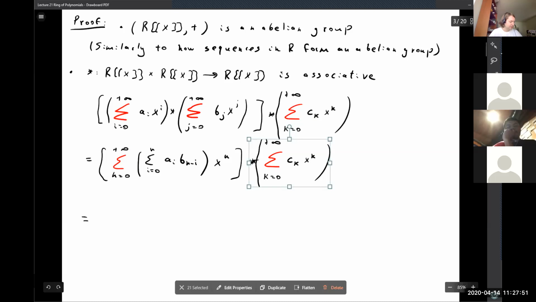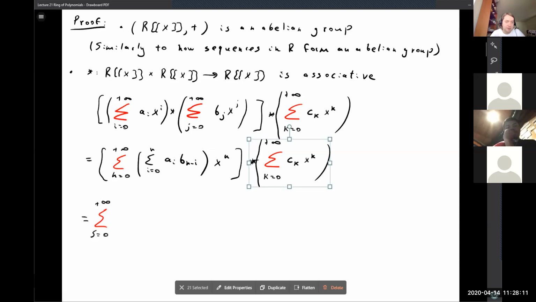Here we go. Okay, so what do we get next? Then we use the multiplication rule to multiply the rest. And what we will get is the sum from s = 0 to plus infinity.